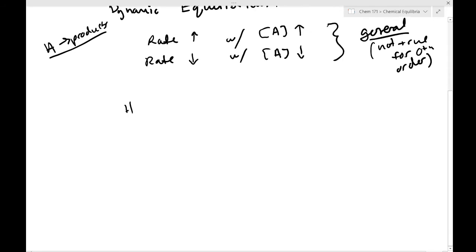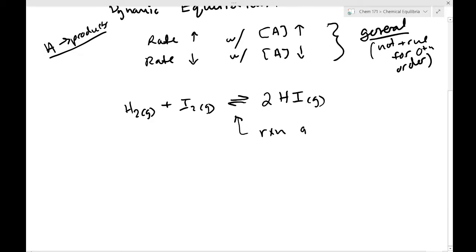Let's look at a specific example: the reaction of hydrogen gas with iodine gas to make HI gas. This is an example that we looked at in the last chapter to talk about its rate. Now the forward and backward arrow here indicates that the reaction can go forward or backwards.